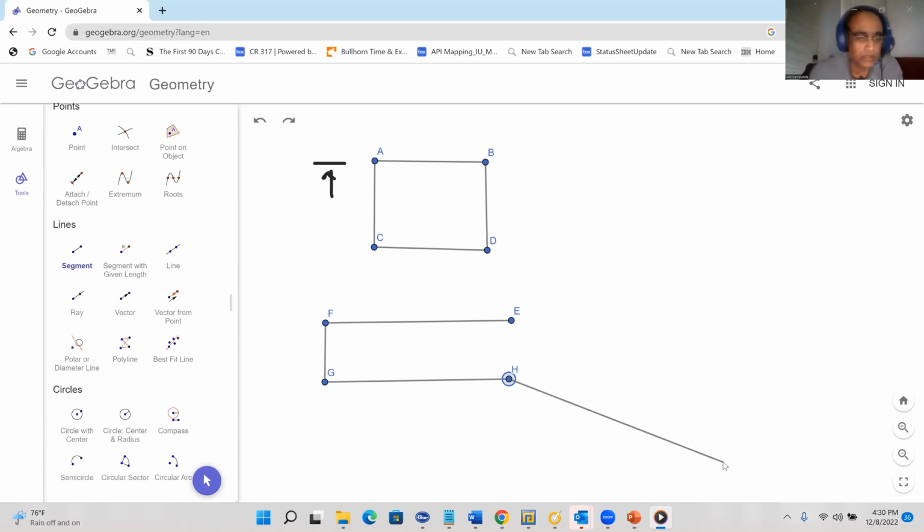So let's do one thing. We take segment once again, exactly do it here, then join this and this. So we took a segment and then we have drawn a rectangle here.